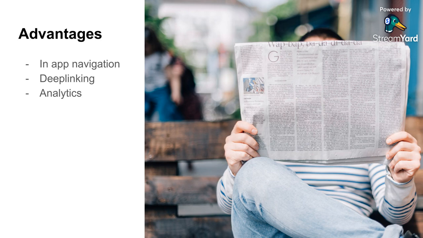Also, if you already have set up deep linking, it allows you to deep link right into those tabs. And as a bonus, if you'd like to track the current page the user is on, it also makes analytics tracking way easier. So let me show you.